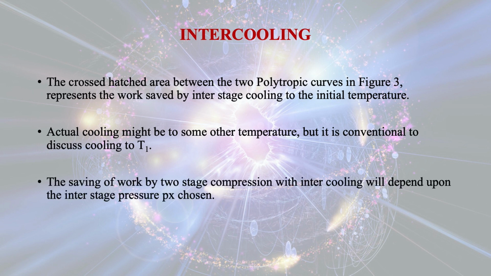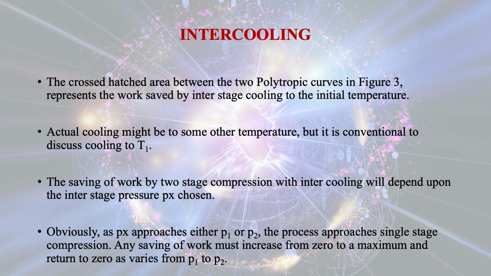The shaving of work by the two-stage compression with intercooling will depend upon the interstage pressure Px chosen. Obviously, as Px approaches either P1 or P2, the process approaches single stage compression. Any saving of work must increase from 0 to a maximum and return to 0 as Px varies from P1 to P2.